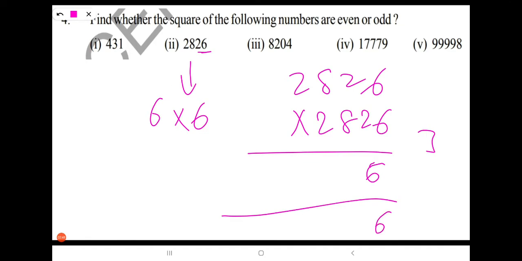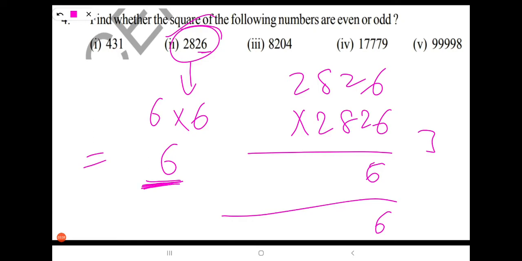You will get 6 in the units place after squaring this. The square of 2826 has 6 in its units place, and 6 is an even number.